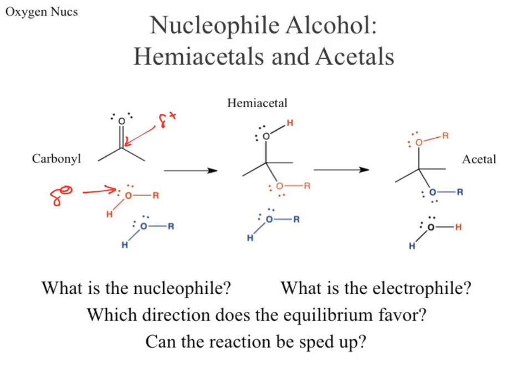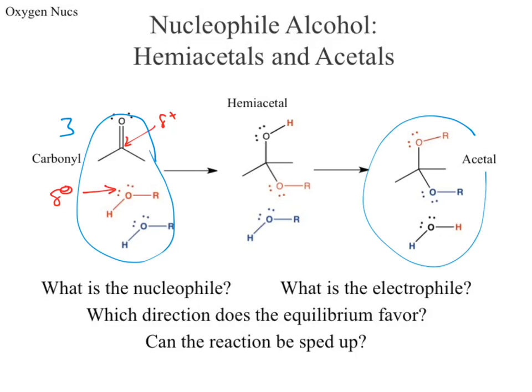Okay? One thing that we could look at to help favor our carbonyl, talked about entropy. Which side of the reaction is favored according to entropy? What we're looking at is how many reactants do we have? 3 versus how many products? 2.